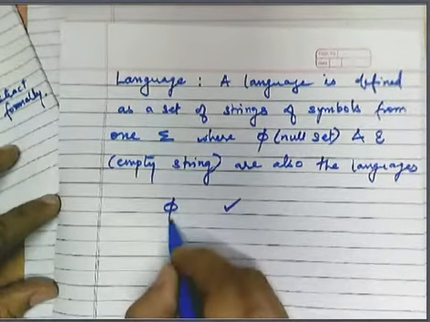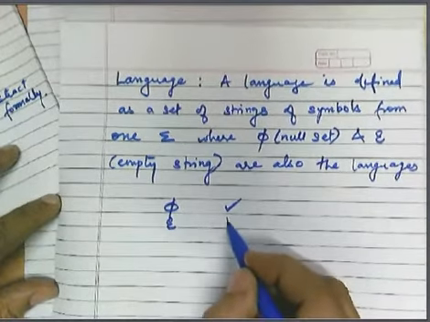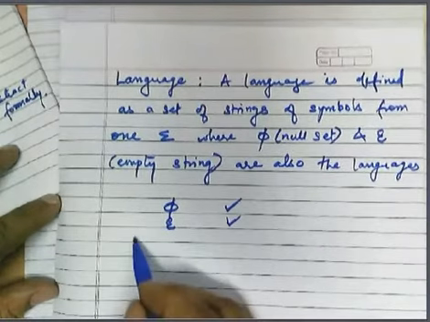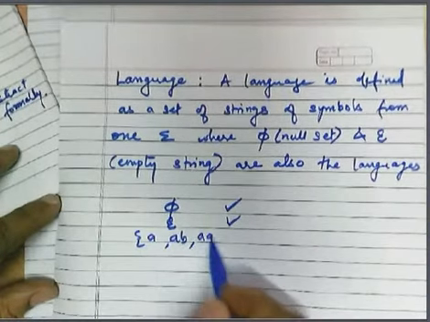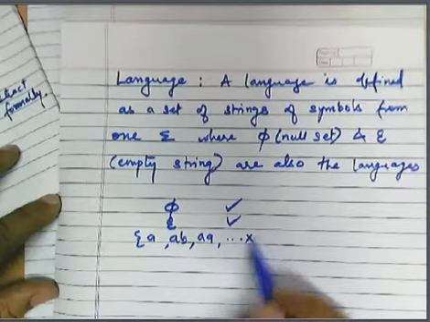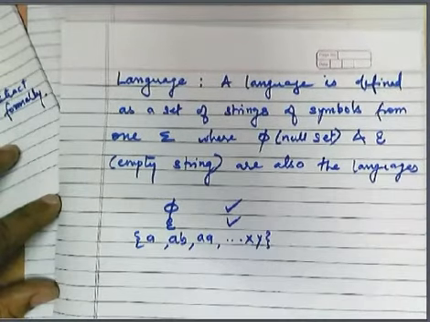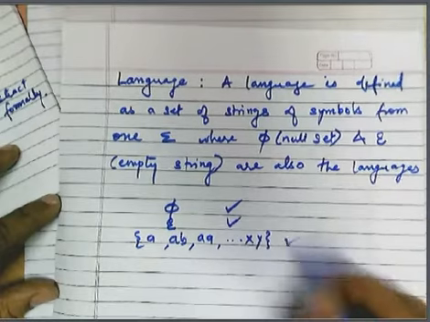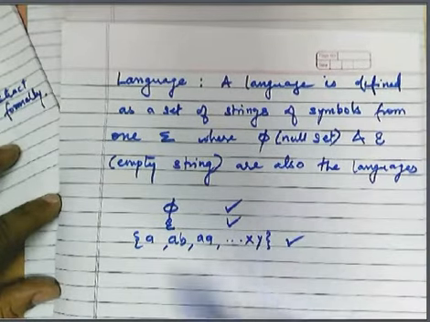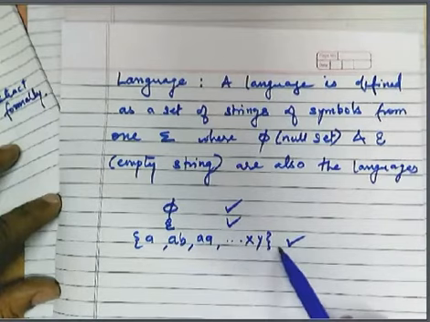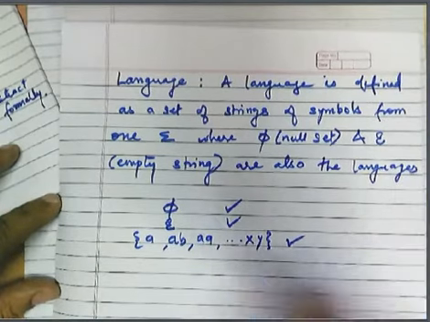If I am saying empty string, is it a language? Yes. If I'm saying set of some A, B, A, then X, Y, something like this. Okay, this is a language. So yes, this is also a language. So what is a language? It is defined as a set of strings of symbols from one alphabet.